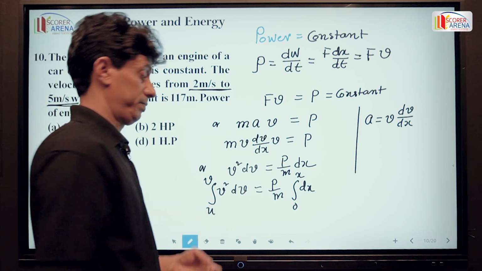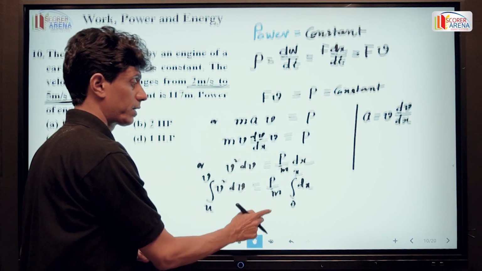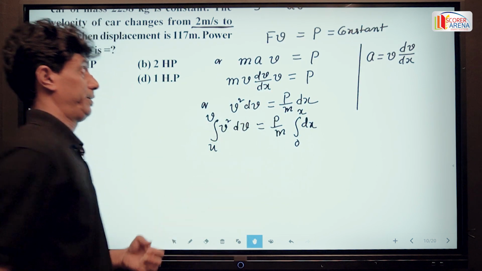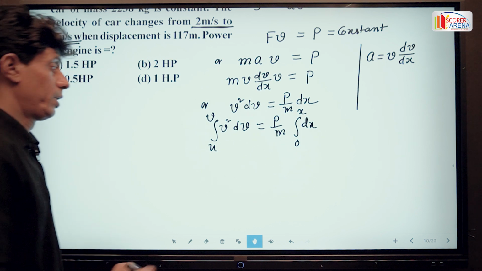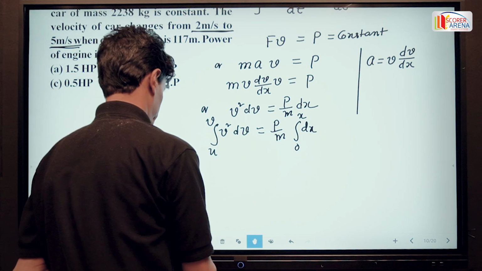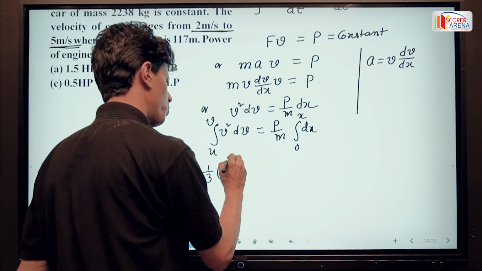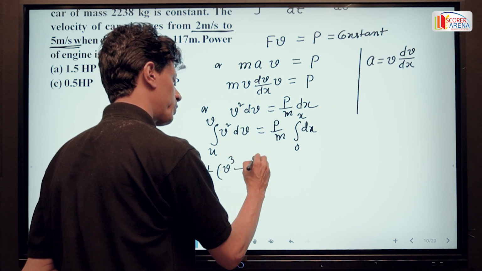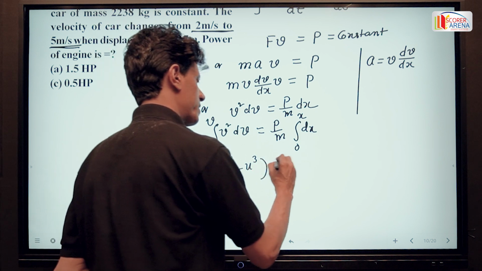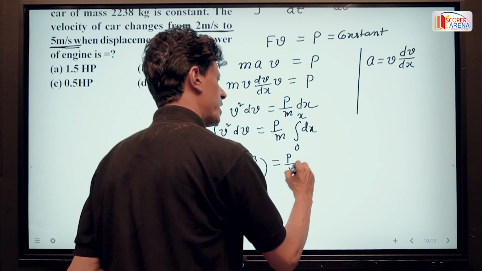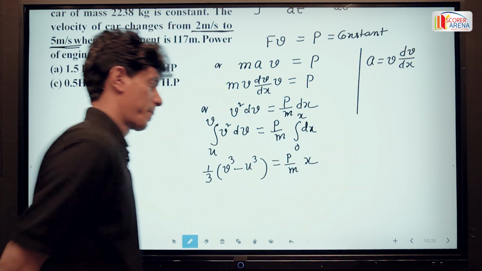On integration, it is 1/3 (v cubed minus u cubed) equal to P by m into x.